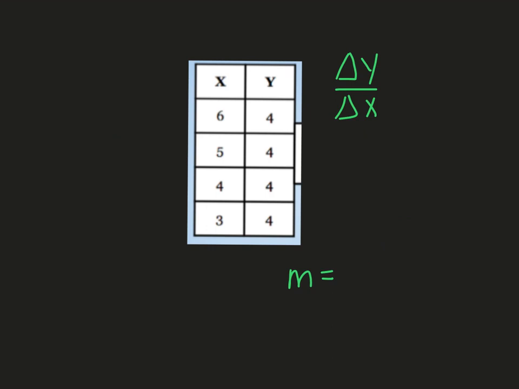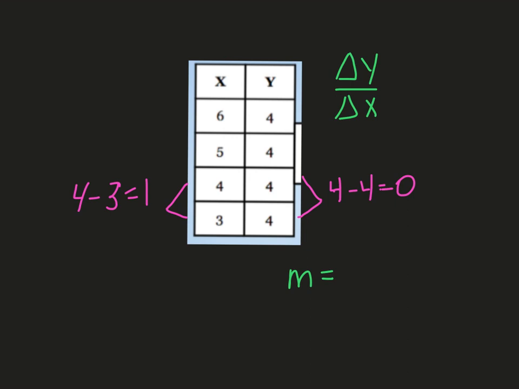Okay, on this one, I'm going to change it up a little bit. I'm going to choose these two. So 4 minus 4 is 0. And then over here, 4 minus 3 is 1.